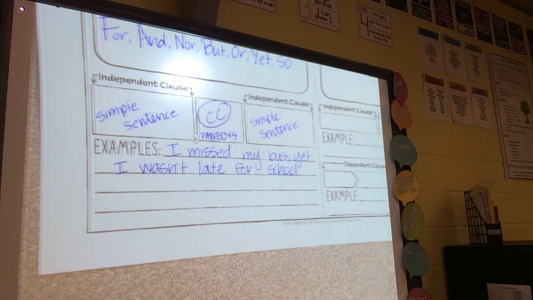Thumbs up when you get this, because now we're about to talk about complex sentences, which are a little bit different. It sounds the same.